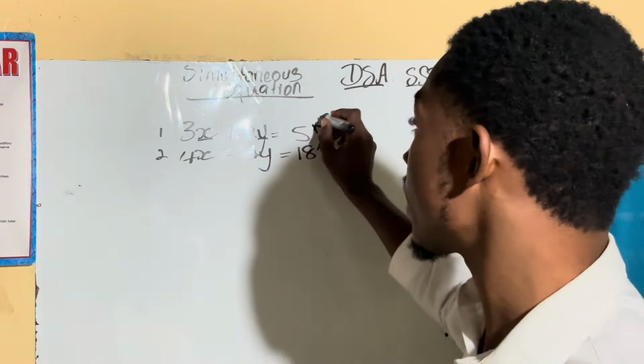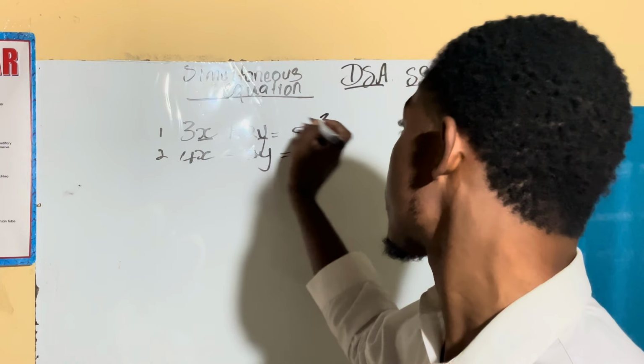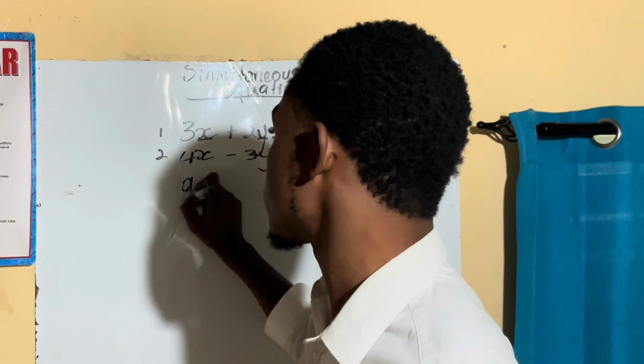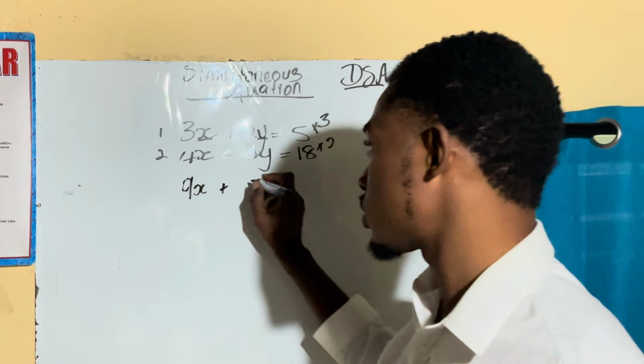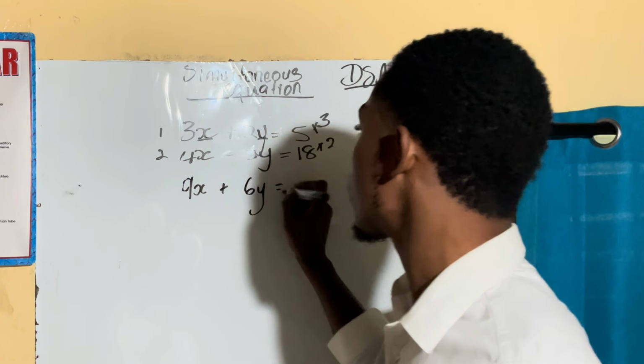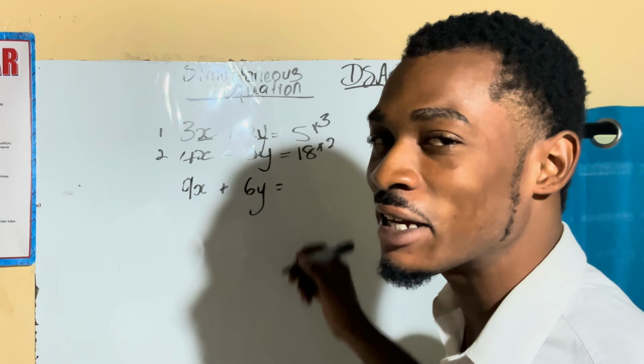Now we're going to multiply this number with every number it comes across. 3 times 3x is going to give us 9x, plus 3 times 2y gives us 6y, equals 3 times 5, which gives us 15.